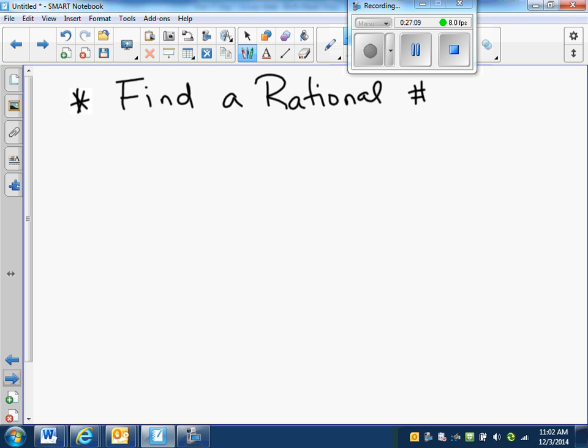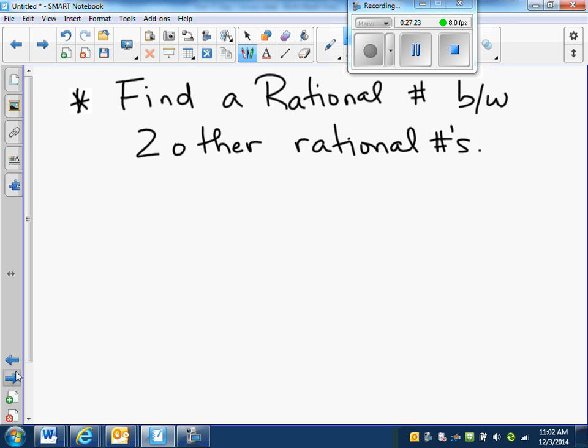Okay, back to here. One other aspect of 2.1 is you need to be able to find a rational number between two other rational numbers. So here, those people that I gave a set of notes to, could you pay attention here?